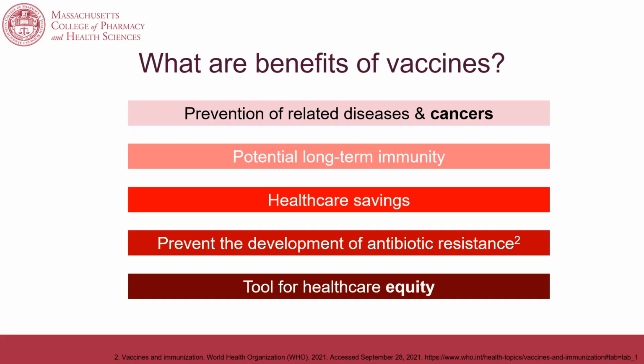You could see this as a controversial topic, especially with the COVID-19 vaccine distribution. Definitely not equitable distribution across the United States and globally. But in general, it is seen as a healthcare tool for equity. And just note this list that I provide here for you, it's not an all-inclusive list. There are definitely many more benefits to vaccines in general.